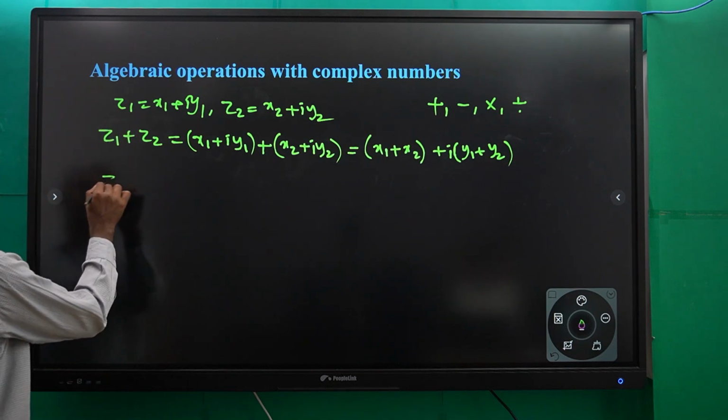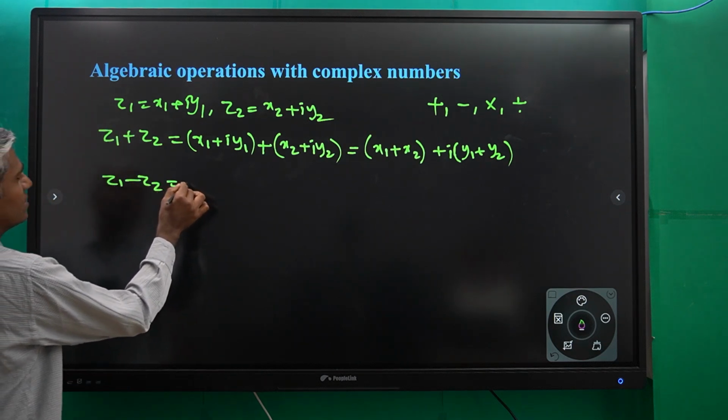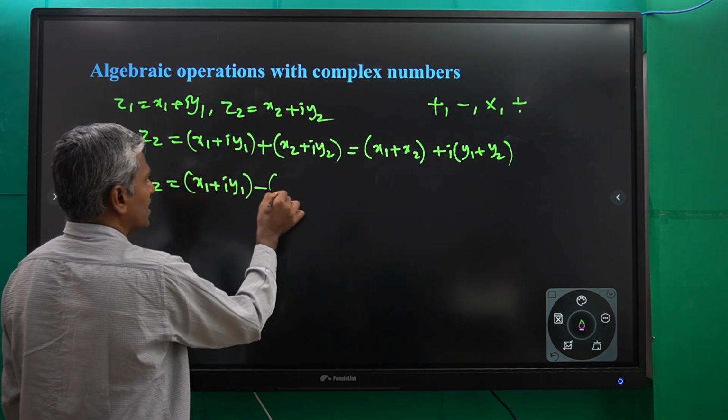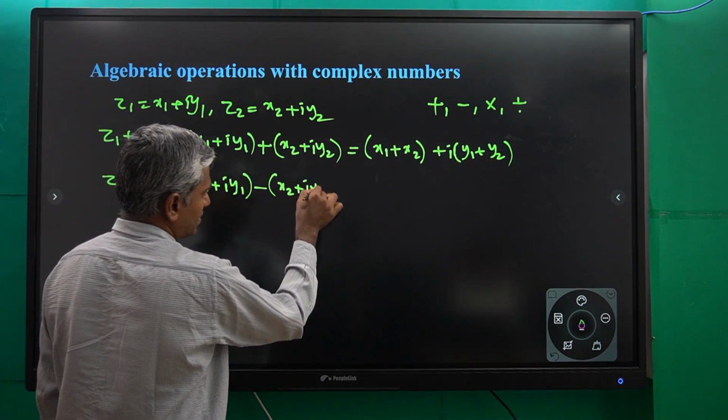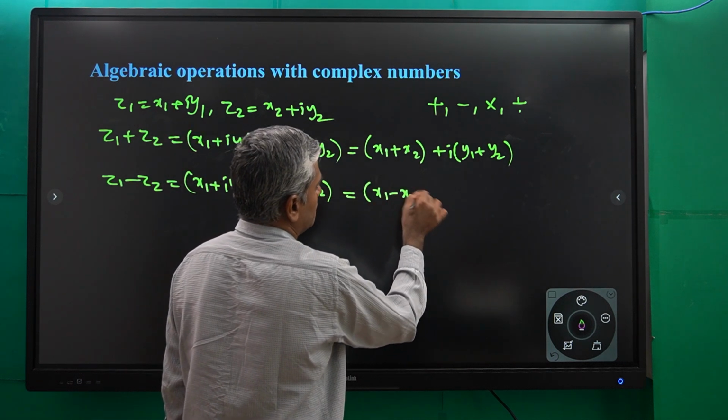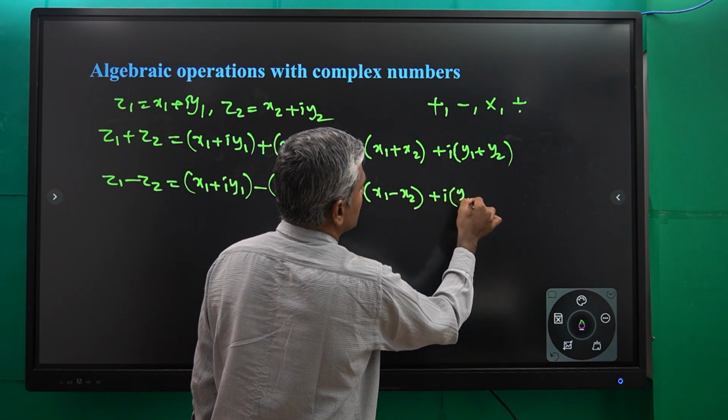Now this is z1 minus z2. If you take x1 plus iy1 minus x2 plus iy2, that can be written as x1 minus x2 plus i times (y1 minus y2).